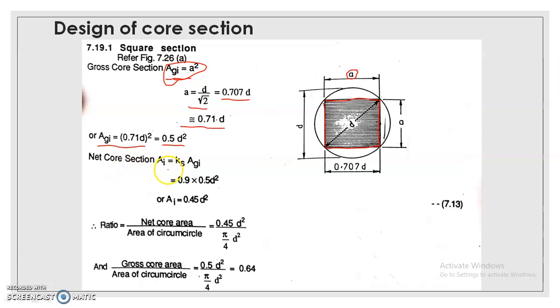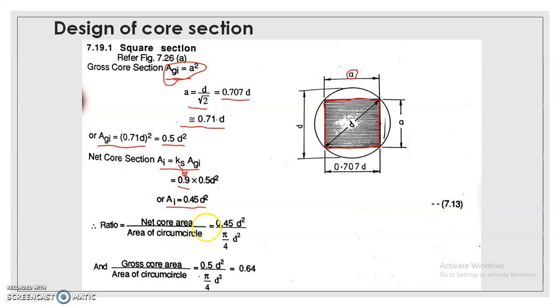Net core section AI is equal to Ks into AGI. Just as we saw earlier, select the value of Ks as 0.9, which is usually selected from 0.85 to 0.9. Here we selected 0.9, so multiplying 0.9 into 0.5 d square, we will get AI is equal to 0.45 d square. So take the ratio of net core area and area of circumcircle.